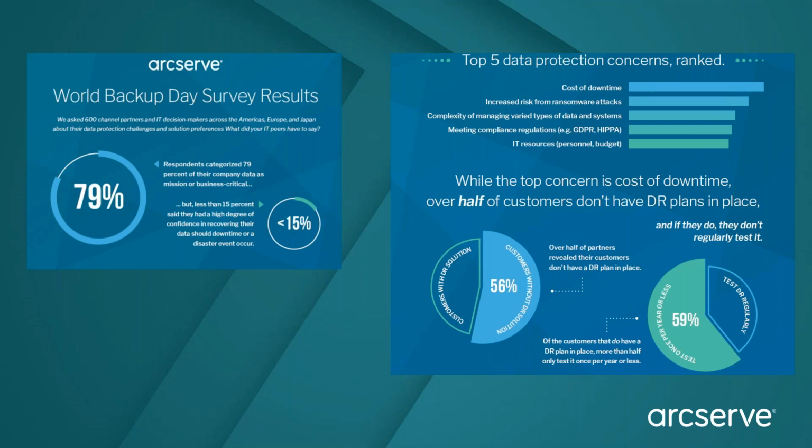But if you're only testing that once a year, how do you know that changes made in your infrastructure are going to be able to recover without impacting your DR plan? So there's a lot of worrying statistics there. And as I say, some of the main reasons for that is because DR testing is a pain, and we'll talk a bit more about that later on.